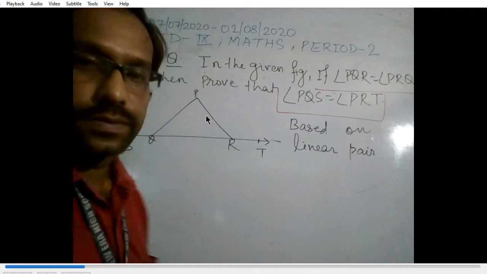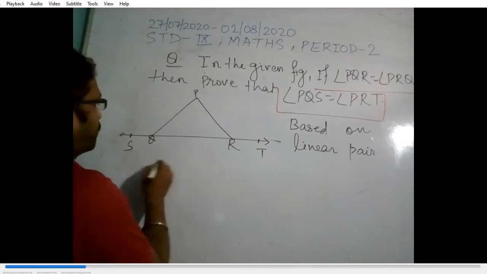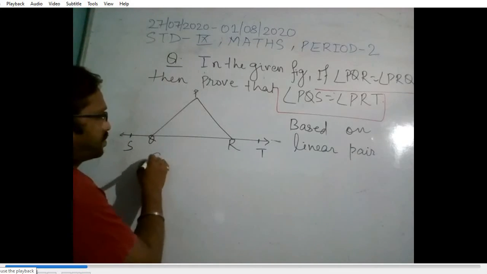Yes, they are meeting but outside the line, so no problem, but they are standing on the same line, so we have chances of two linear pairs. Why? Because R is one initial point, Q is one initial point, so there are chances of two linear pairs, along R also, along Q also. So first of all I will write the information.